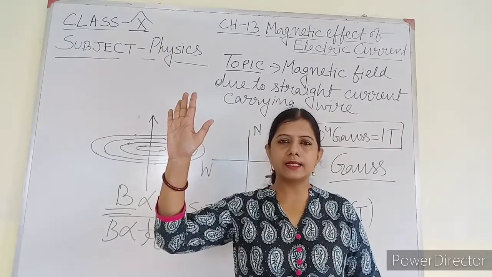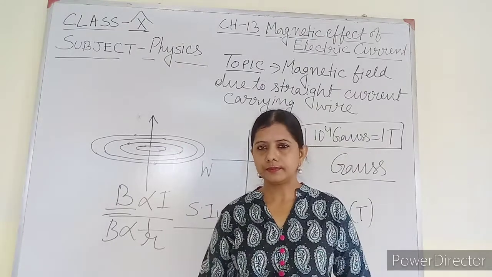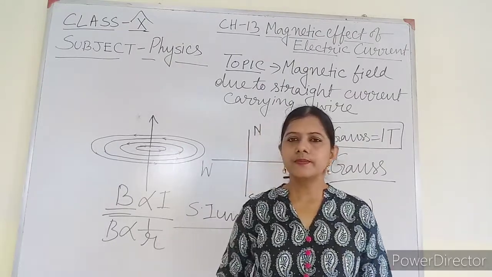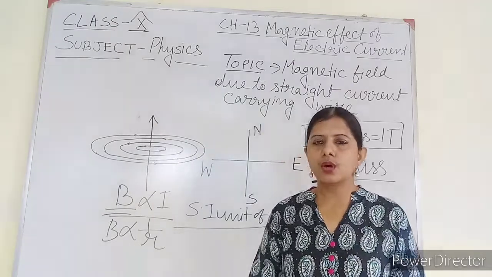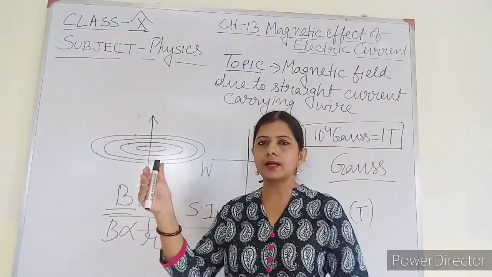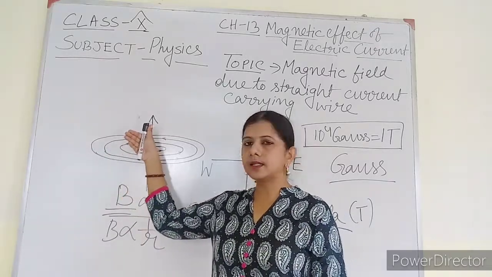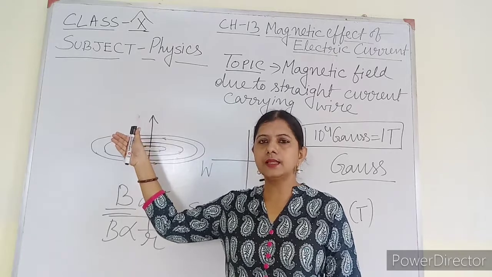This is my right hand, so I will use right hand thumb rule. How to use? My current is flowing towards this direction. So I have to hold the straight current carrying conductor in such a way that the thumb points towards the direction of current in this way.